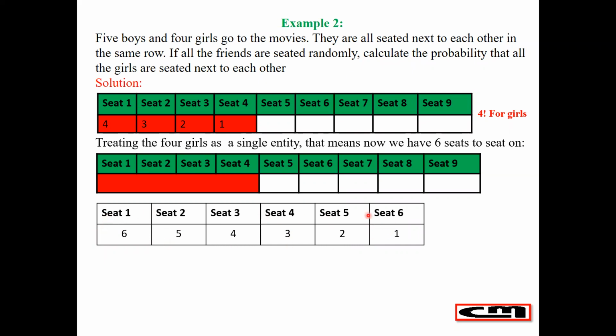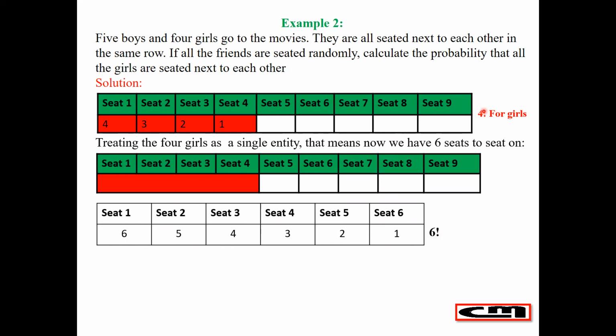Applying the fundamental counting principle: 6 times 5 times 4 times 3 times 2 times 1, which is the same as 6 factorial. So 6 people can be seated in 6 seats in 6 factorial ways, right?